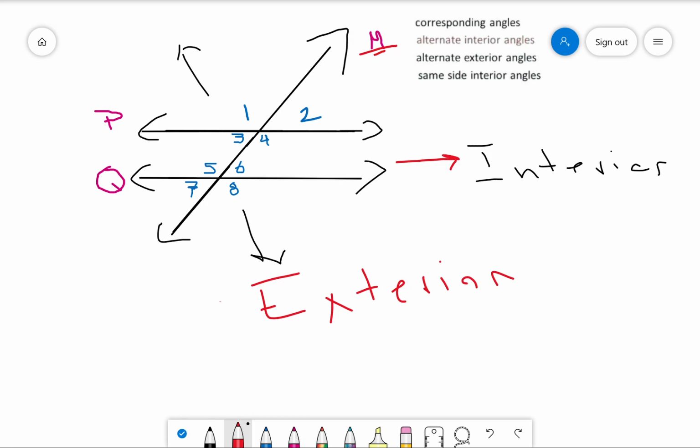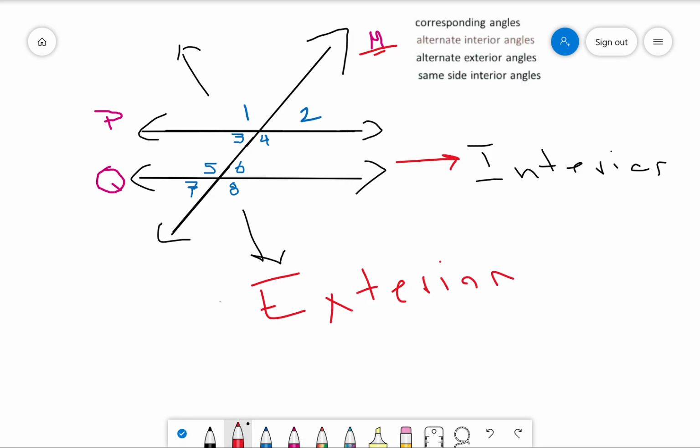So what are alternate interior angles and alternate exterior angles? Alternate interior angles are basically inside the parallel lines, not the outside. They are non-adjacent angles that lie on opposite sides of the transversal between the intersected lines.